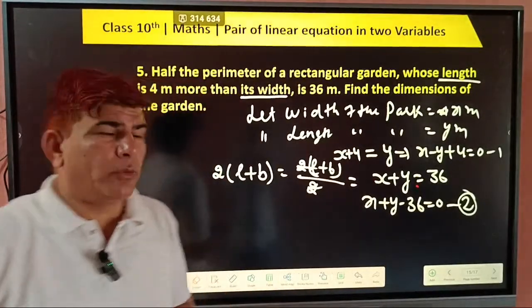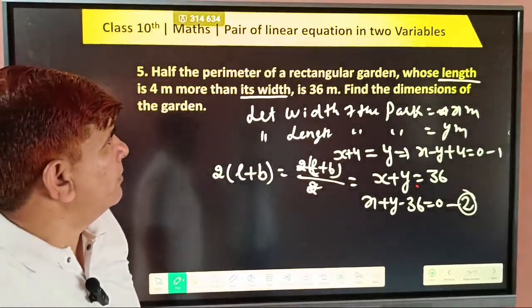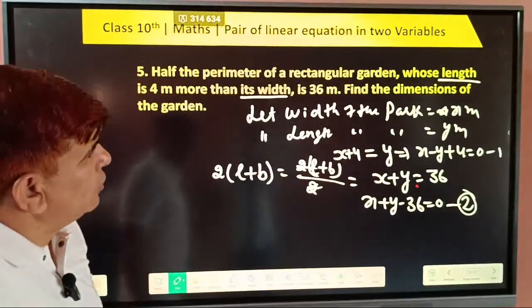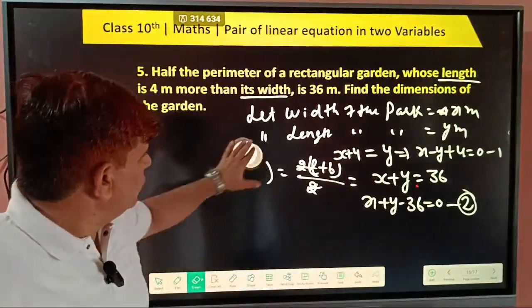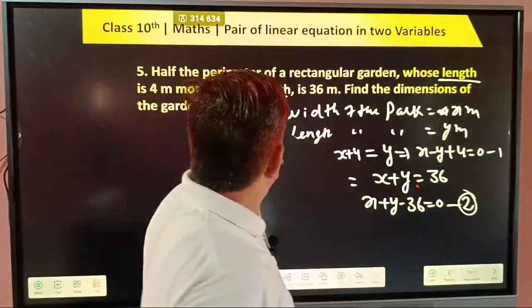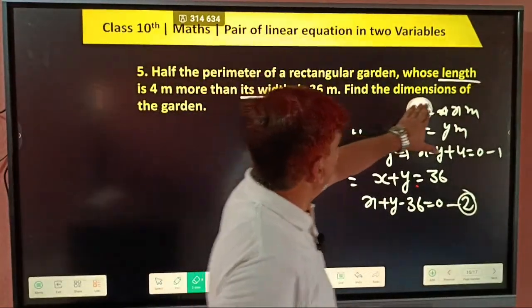You have two equations and two variables, so you can easily find the dimensions of the garden. No method is given, so you can apply any method.